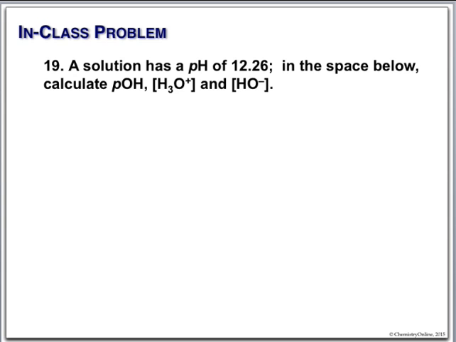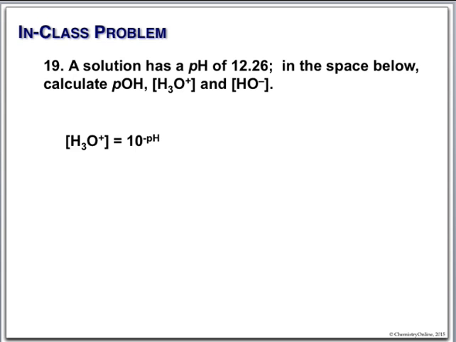We know a pH. How can we calculate hydronium? We know that hydronium is simply going to be 10 to the minus pH. If we have trouble remembering that, we wrote it down on our card. All right, so let's plug in.